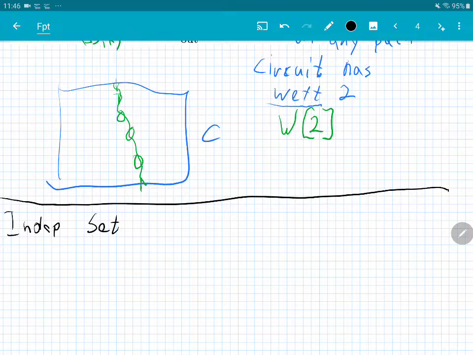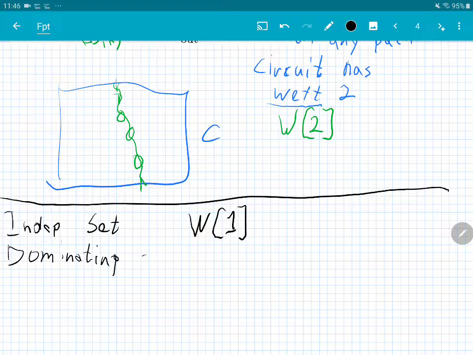We believe that it doesn't have an FPT algorithm, and this problem is going to belong to W1, right? I'm going to define W1 formally shortly. Dominating set, we just argued, is in W2, right? Circuits that have at most 2 large gates on any path.